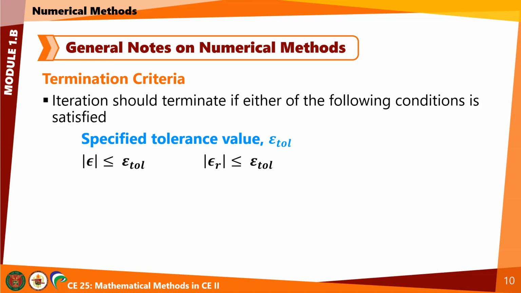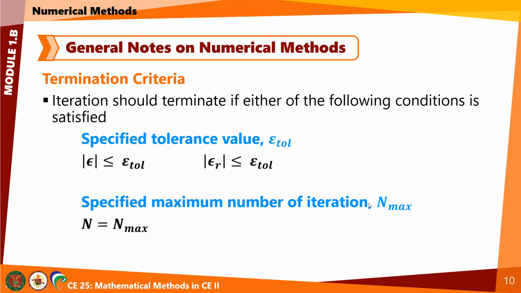In engineering, as I've told you at some point in class, your solutions don't need to be extremely accurate. Again, it depends on your measuring devices. If your measuring devices can only go up to 2 decimal places, then your tolerance should be at that degree. That's how we determine our tolerance.